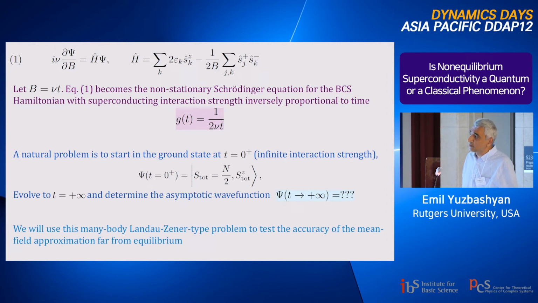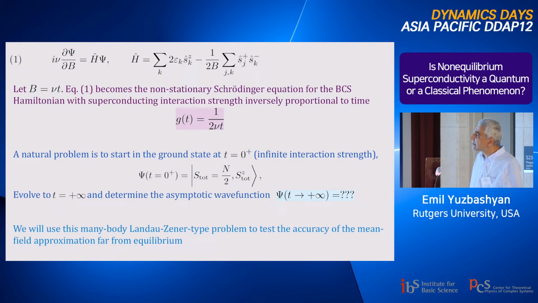So a natural problem in this context is to start in the ground state at t equals 0. This corresponds to infinite superconducting interaction in the BCS Hamiltonian. Evolve to the distant future and determine the asymptotic wave function.